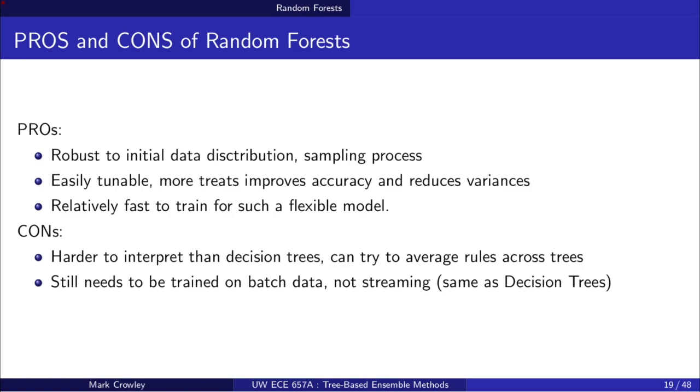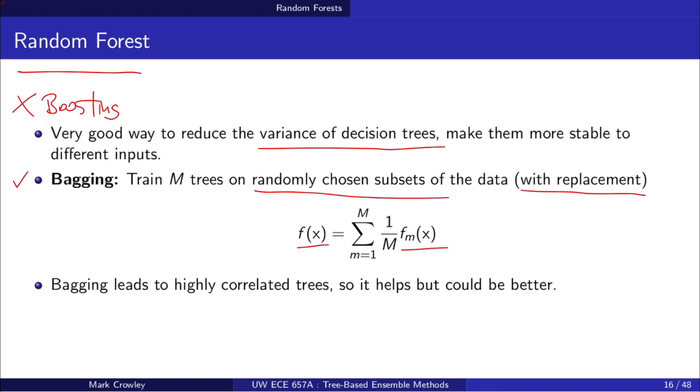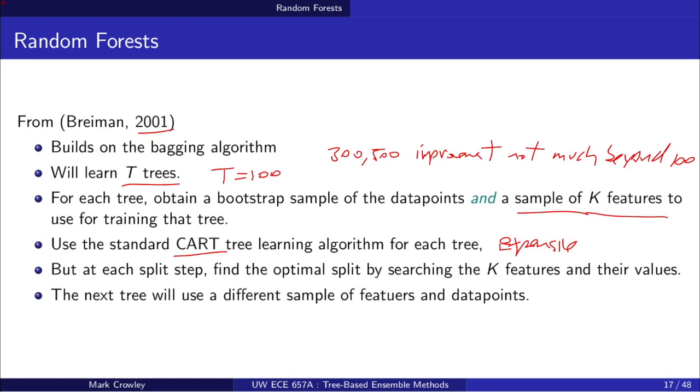Sophia's got a good question. Are all the subsets disjoint? No, right? So what does disjoint mean? Did I have with replacement here? We're using bagging, right? And so we said bagging is sampling with replacement, right?